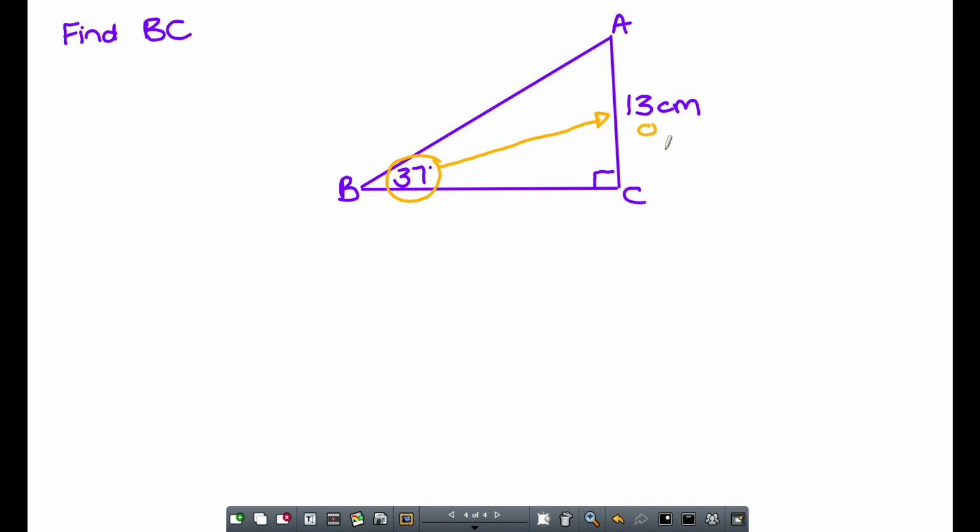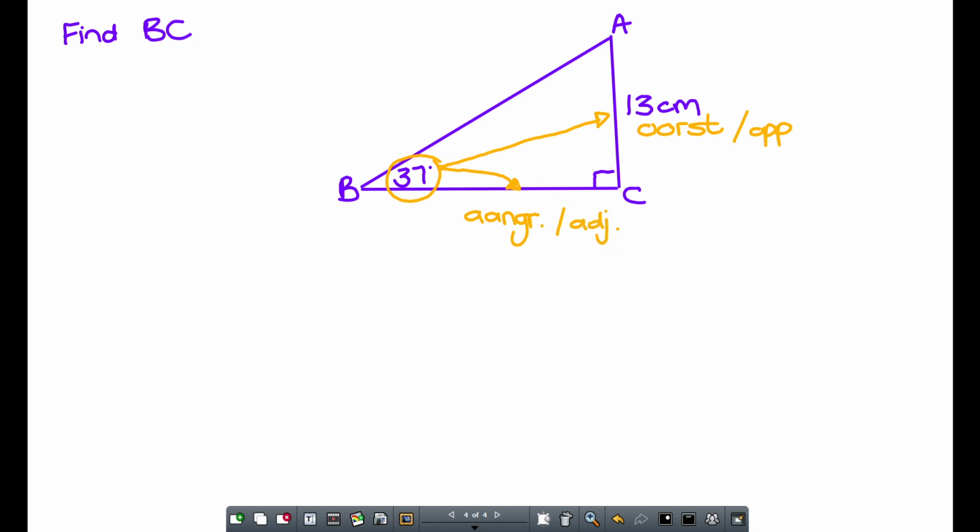Okay, so that is opposite. Okay, we're looking for BC. Okay, and that would be the adjacent.